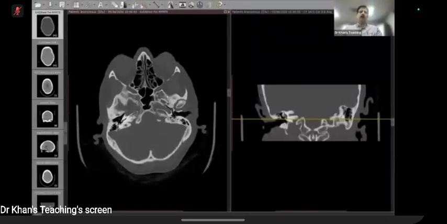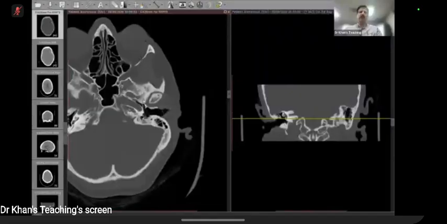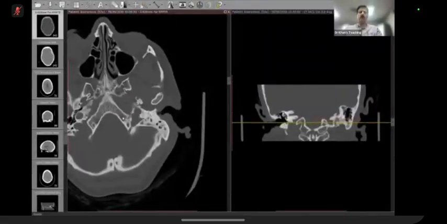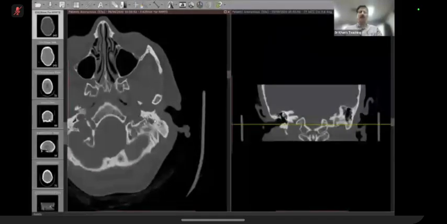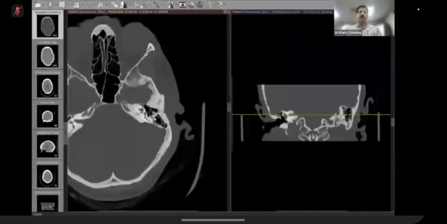So now what we are going to do, we will slightly make it larger and just concentrate on the left side. So if you see here, when you are seeing the temporal bone, my landmark was the cochlea. So this is the cochlea.